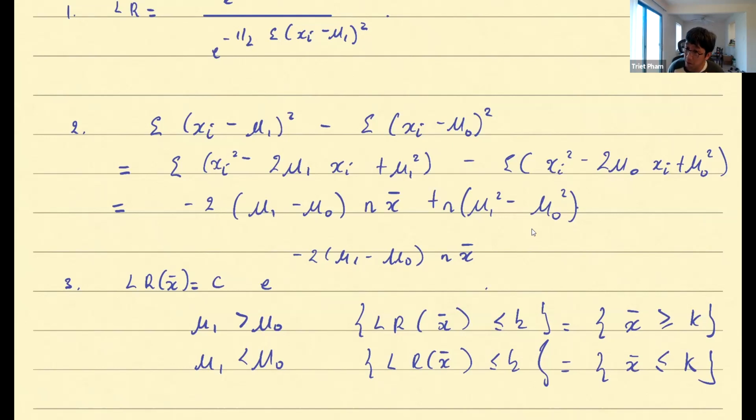Are we okay? Do you see that? So here, if the alternative mu1 is bigger than mu0, the rejection region, the most powerful one, is this. If the alternative mu1 is less than mu0, the most powerful one is this.